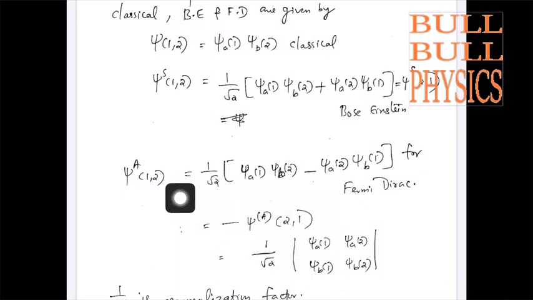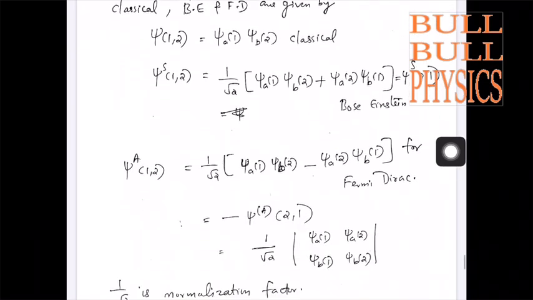Because if you take psi(2,1), we have to put 2 here and 1 here, 1 here and 2 here. If we interchange the particles, that will be equal to minus psi(1,2).